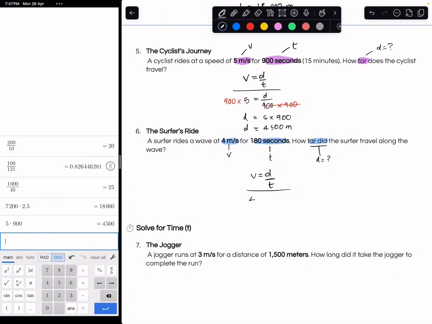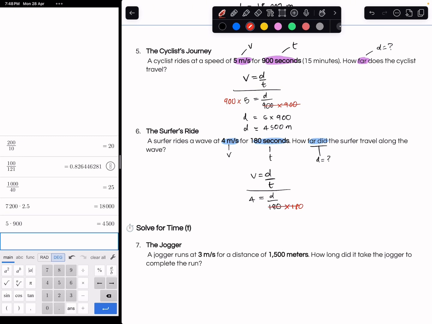We've got 4 meters per second. Distance is a mystery. Time is 180. We want d all by itself. We want to make it the star of the show. So we need to get rid of divide by 180. What is the opposite of divide by 180? Times by 180.